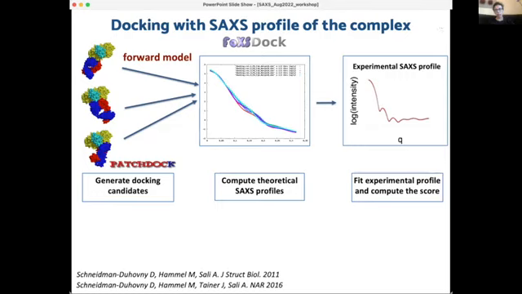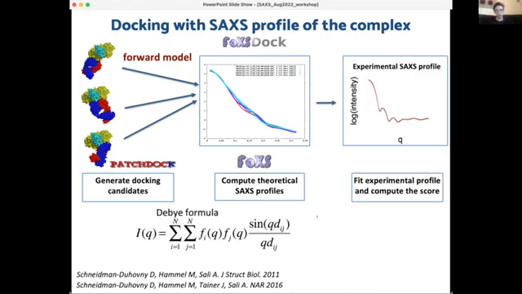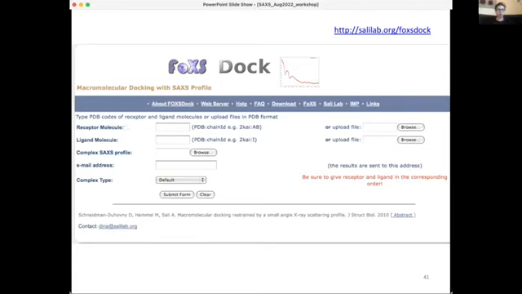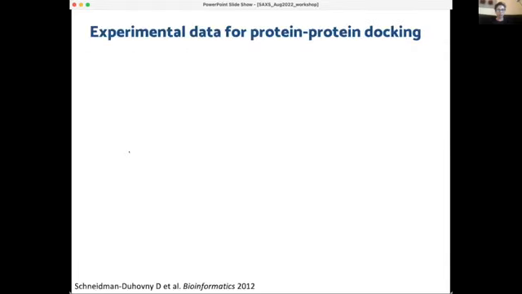And then we fit the experimental profile and compute the score. So again, the chi-square, same story. So many different models, and we can sort them by the score. FoxDock is also available as a web server if you want to use it. You need to give it the 2 proteins in PDB format and the SAXS profile.